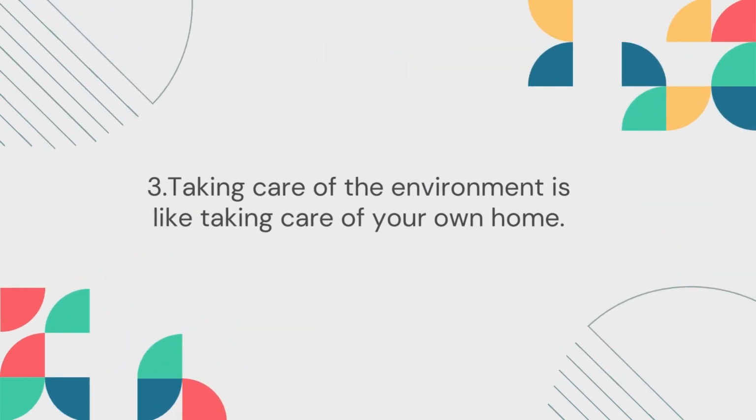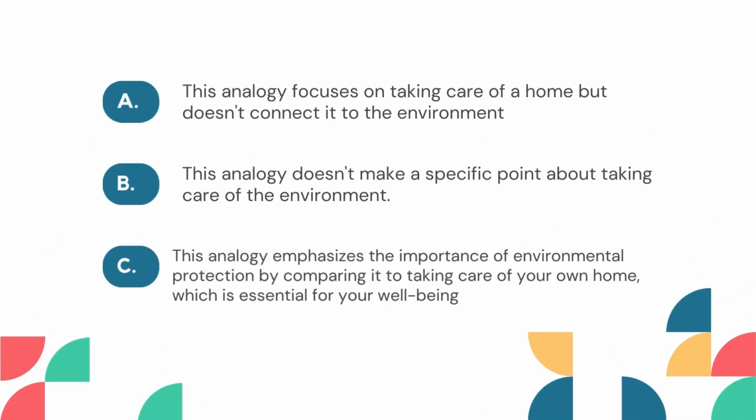Number 3, taking care of the environment is like taking care of your own house. A. This analogy focuses on taking care of a home but doesn't connect it to the environment. B. This analogy doesn't make a specific point about taking care of the environment.